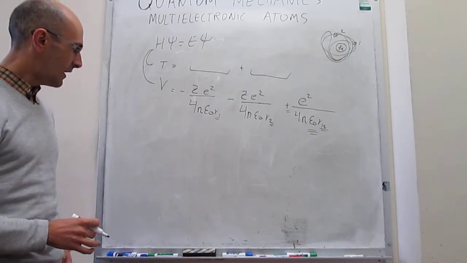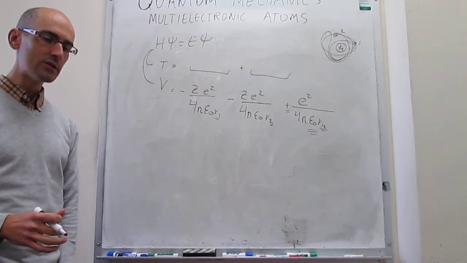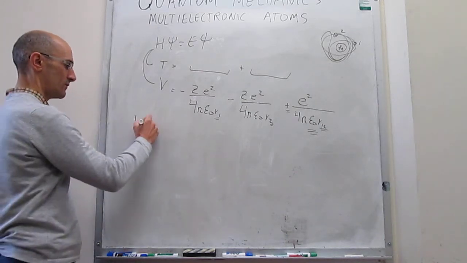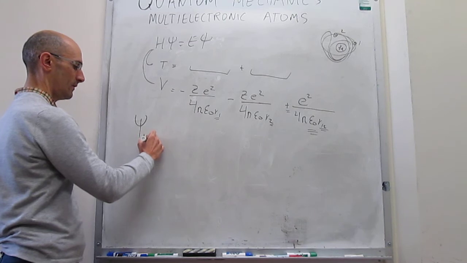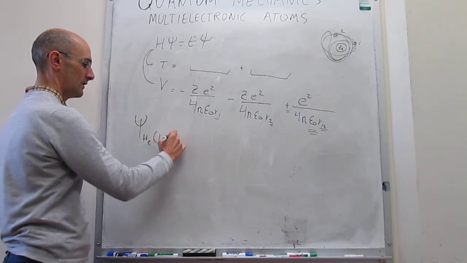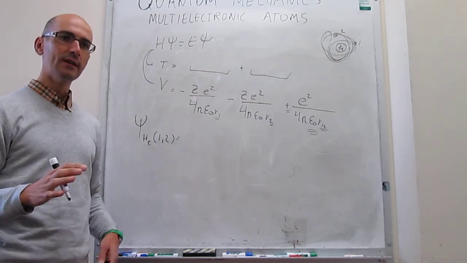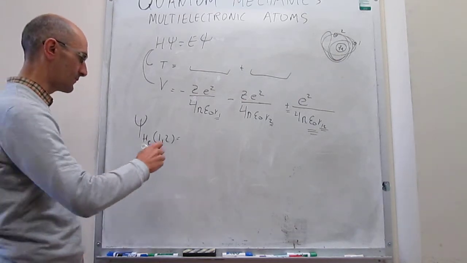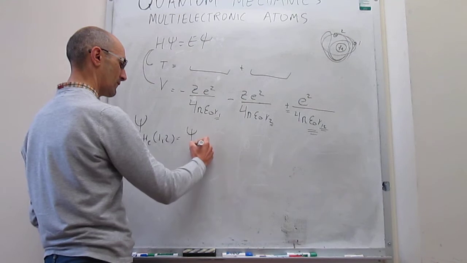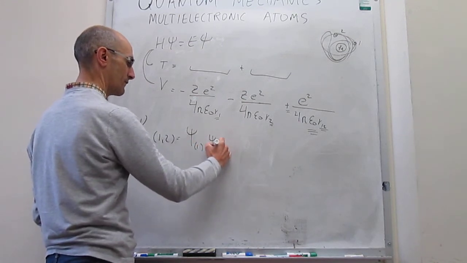A typical approximation that is used is to assume that the wave function of this helium atom, which has 2 electrons, is going to be just the product of the wave functions if the electrons were independent. That will be simply the wave function of electron 1 multiplied by the wave function of electron 2.